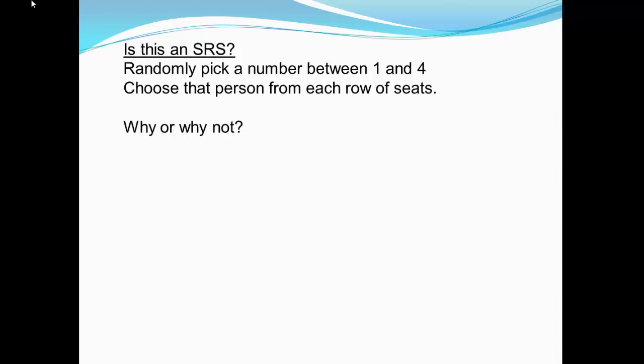And then what we're going to do is on the first row, say looking from the front of the class at the faces of the students, we'll choose the second person sitting in the row as we look from left to right. So the second person from row 1, the second person from row 2, the second person from row 3, etc., until we get through all of the 5 rows.